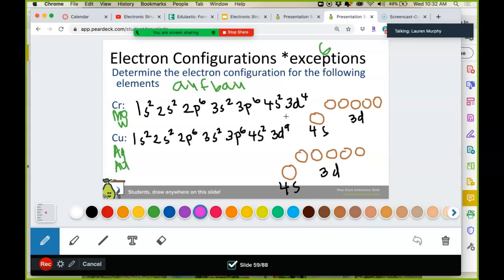So I'm going to fill in my electrons into these orbitals. 1, 2, 1, 2, 3, 4. Okay, and then 1, 2, 2, 3, 4, 5, 6, 7, 8, 9. Now the 4s and the 3d orbitals are actually very similar in energy.